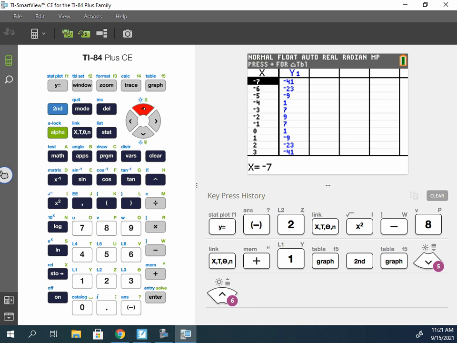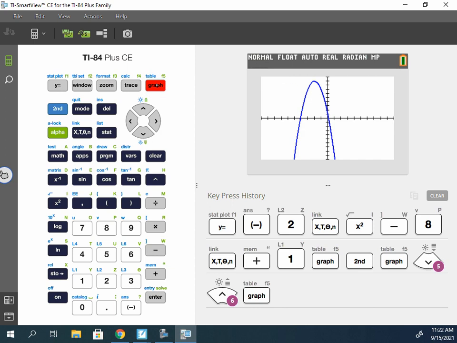So we expect going the other direction, it should be negative 41, because these points will always mirror each other to either side. Because we do get this parabola here where the points to either side of it do mirror each other. Any questions on this here?